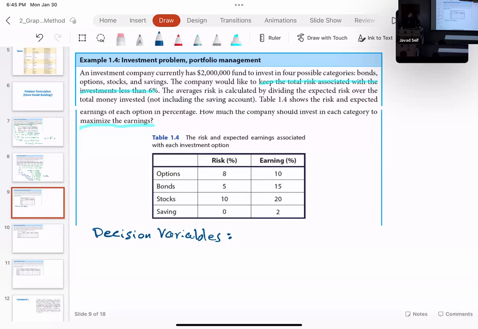Decision variable is basically unknown. What is it that's unknown and we want to find it? Money invested in each category, right? So if I solve it, how do I show that? X, what is it? Xi is the dollars to invest in category i. Yeah, exactly, which could be fractional too.